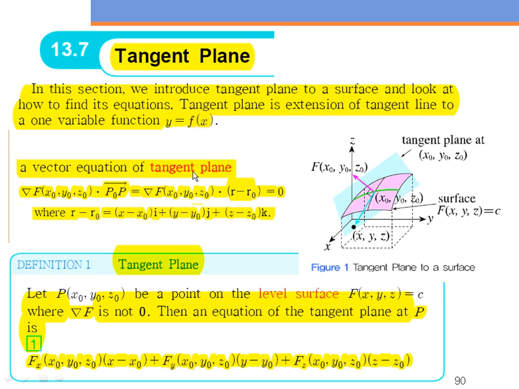A vector equation of the tangent plane can be obtained in this way. From this surface we can find the directional derivative at that point and the normal vector at the given point.